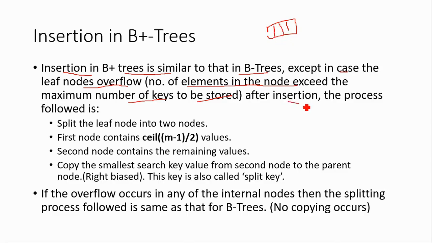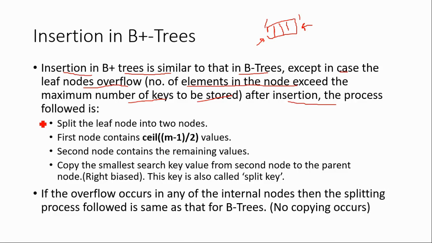That is, before insertion, the particular node we are inserting into already has the maximum number of keys. At this position, this additional process has been added, which will work only for leaf nodes, if there is an overflow only at the leaf nodes.